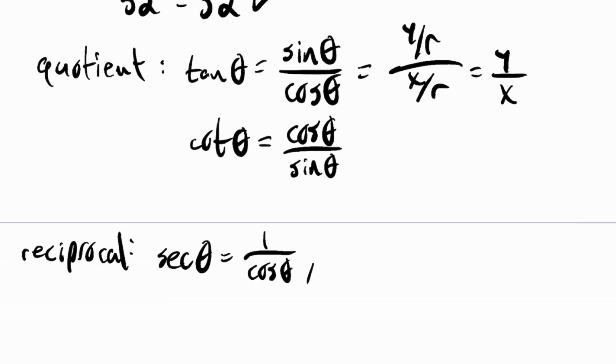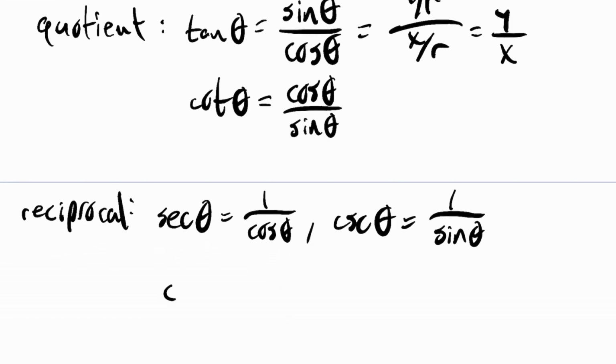If you replace secant with r over x, and cosine with x over r, it checks out. Cosecant theta is 1 over sine theta. And cotangent theta is 1 over tangent theta.